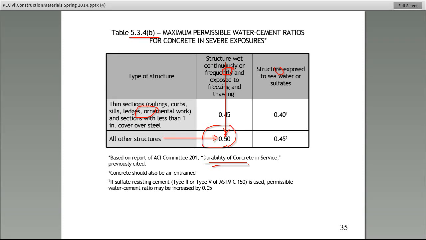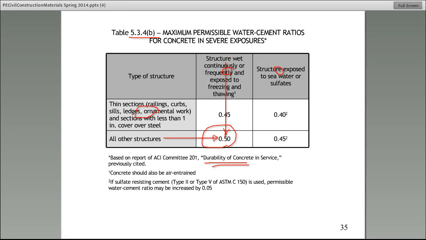And if you have an excessive amount of water in the mix, more than what the design required, when that water shrinks, you get shrinkage cracks, and additional water will increase the water to cement ratio. Therefore, that higher water to cement ratio decreases the strength.